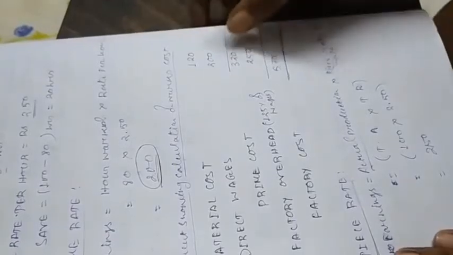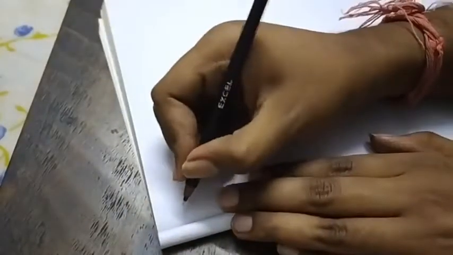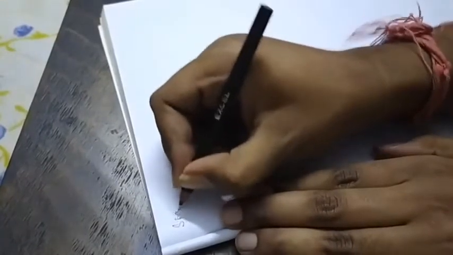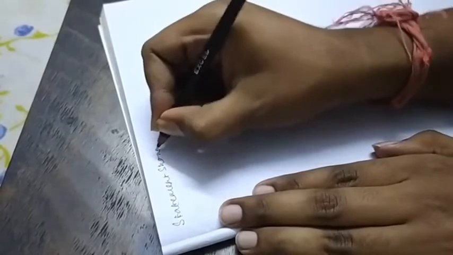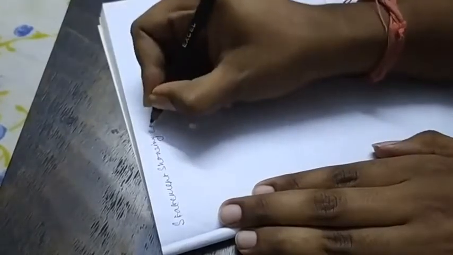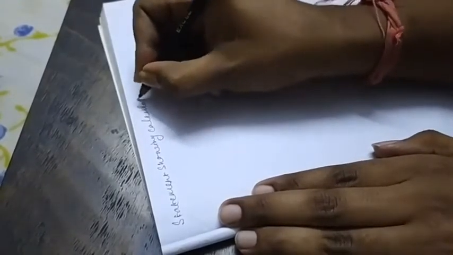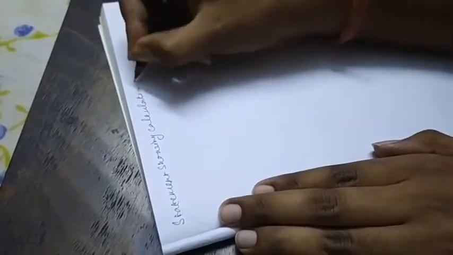Okay, so now we have to do the same statement showing calculation of work cost. This is the subheading under this piece rate heading.